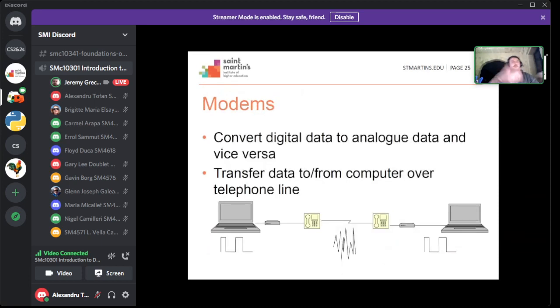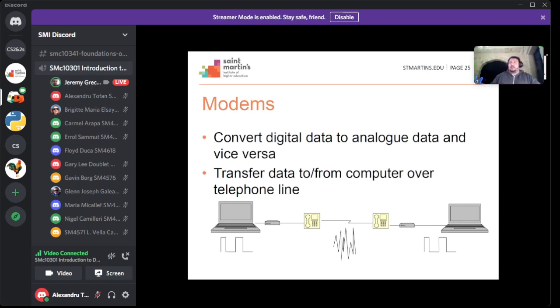We've talked about this in terms of a telephone. What about in computing? Well, if we look at modems, or the traditional form of a modem, the whole point behind the modem is to convert digital data into analog data and vice versa, so that two computers which work with digital data would be able to communicate over a telephone line, which originally allowed for analog data.